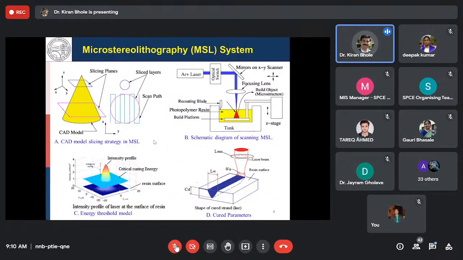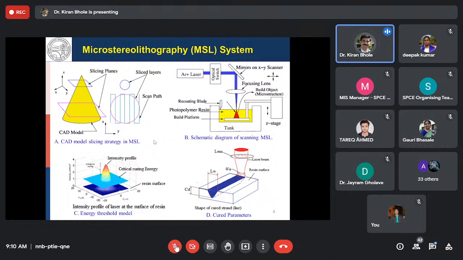In this MSL, the systems we are developing may be a gearing system or a turbine system in such sizes, 1 micron to 1000 micron. Imagine you have to develop a gearing system or a turbine system in such small sizes. So there are a lot of challenges that come when we develop the 3D micro printer.